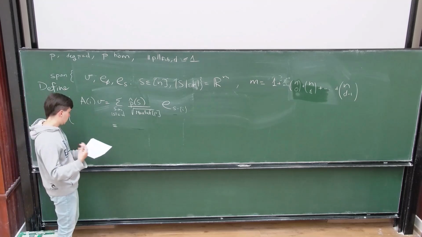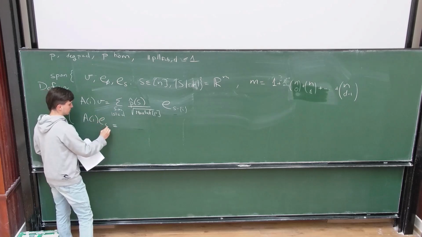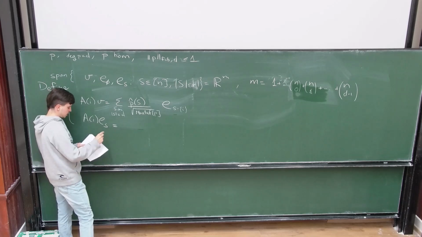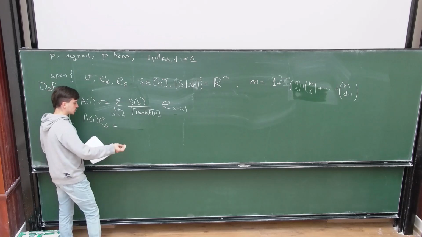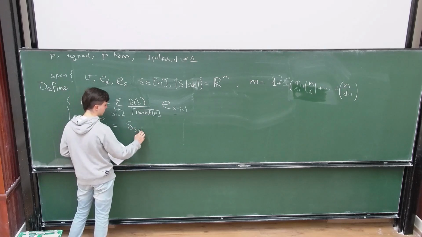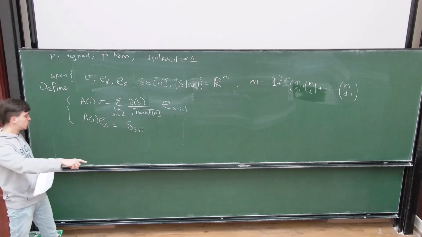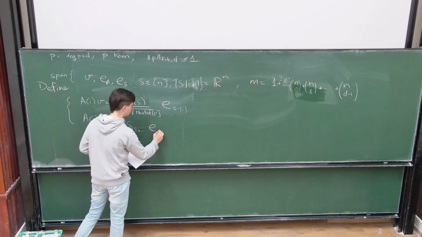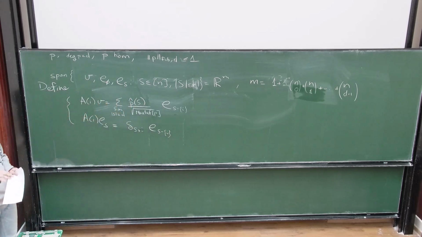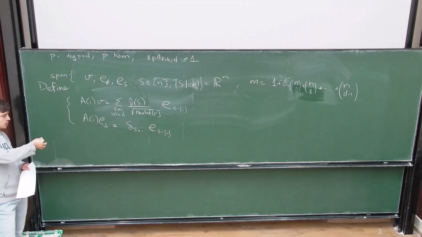And after that, we define when you act on some E_S, A_i like a destruction operator. So somehow what A_i is going to do is to check if i is in S. If it is in S, it's going to send it to the other vector that corresponds to the set where you take i out.